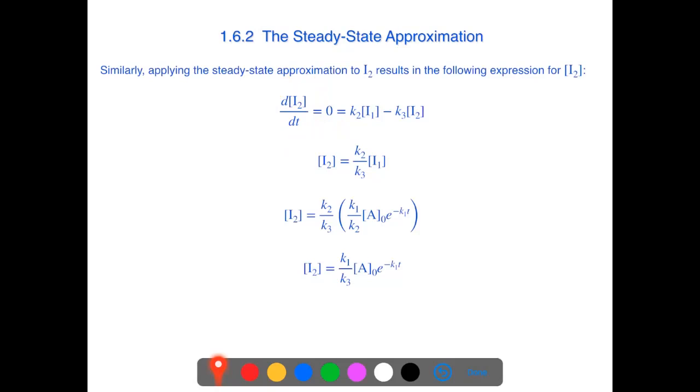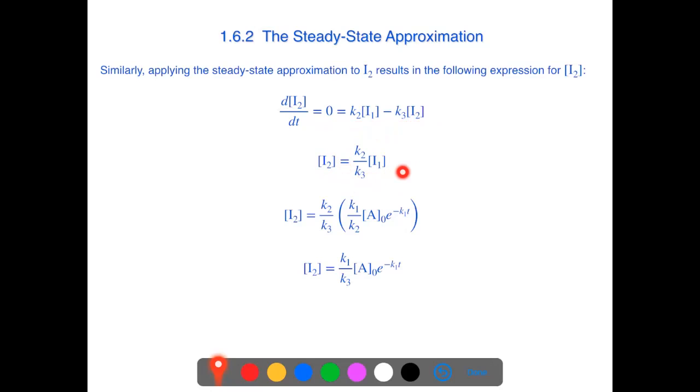Again, we can equate that to the two terms which we use to express the change in that concentration with time, both with respect to the decay from I1 and the formation of the product from I2. In doing so, by using the steady state approximation, we can now solve for the concentration of I2, and we see that I2 now is equal to K2 over K3 multiplied by the intermediate 1 concentration.